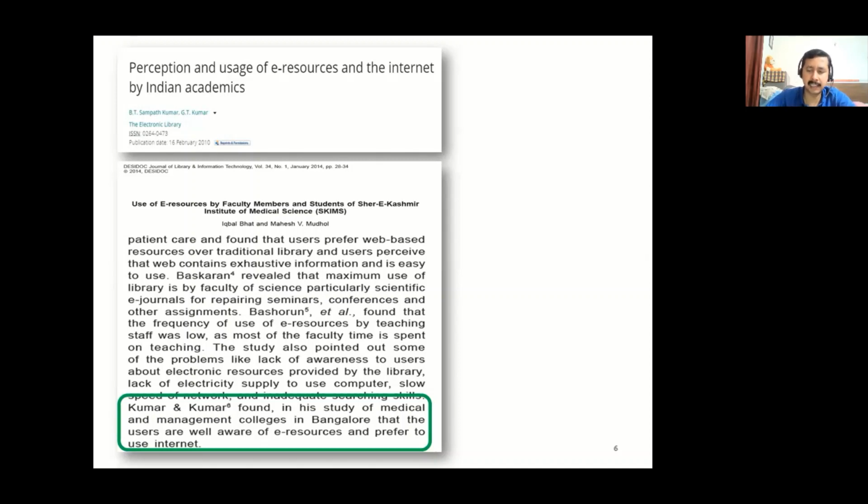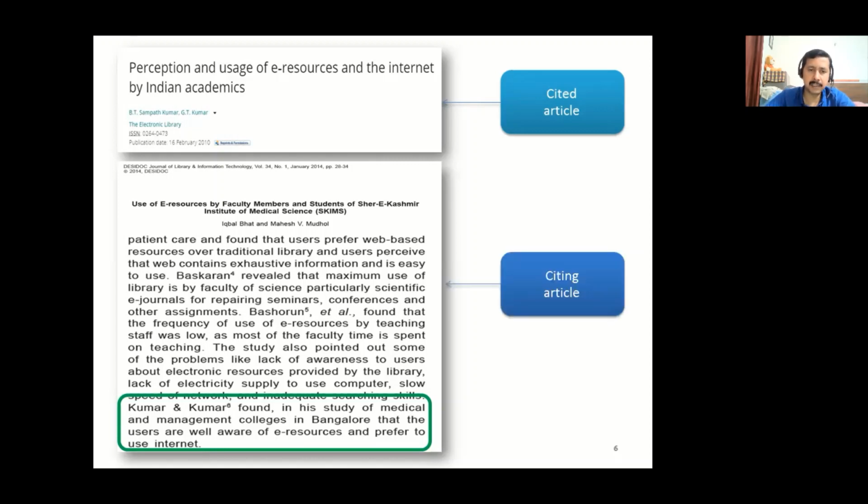This is a citation to this article, Perception and Usage of E-Resources and the Internet by Indian Academics, published by B.T. Sampath Kumar and G.T. Kumar. This is called the cited article. And the article which mentions this article is called a citing article.